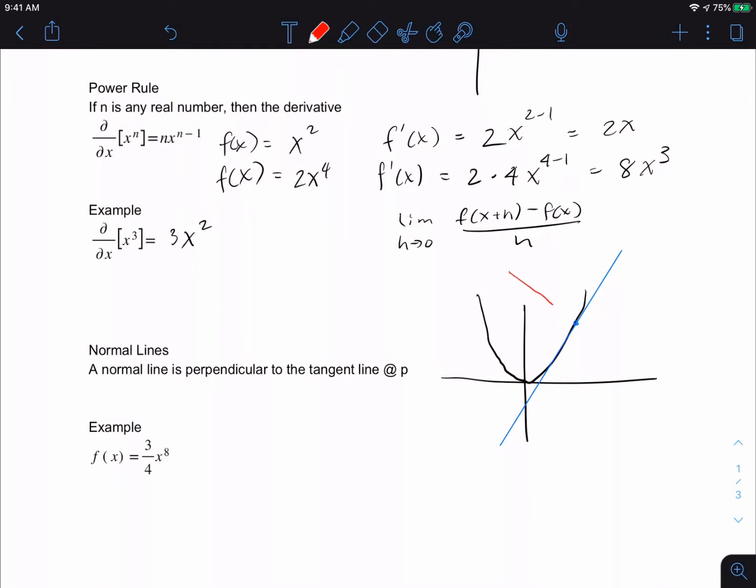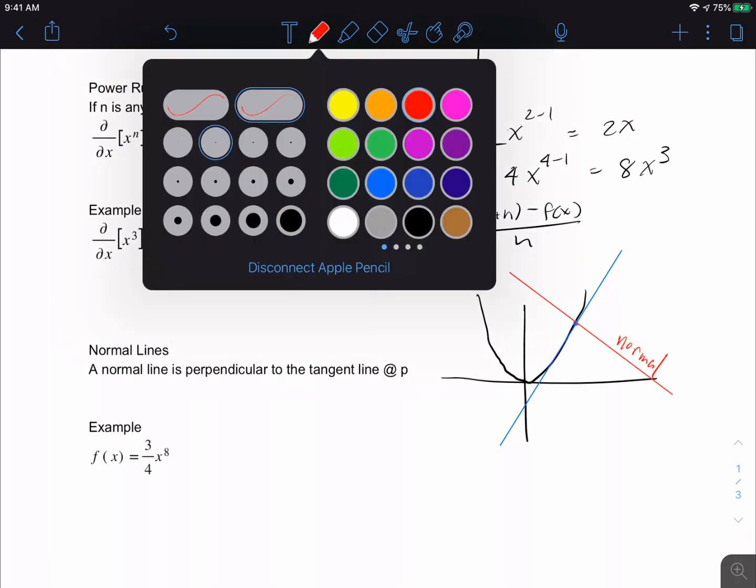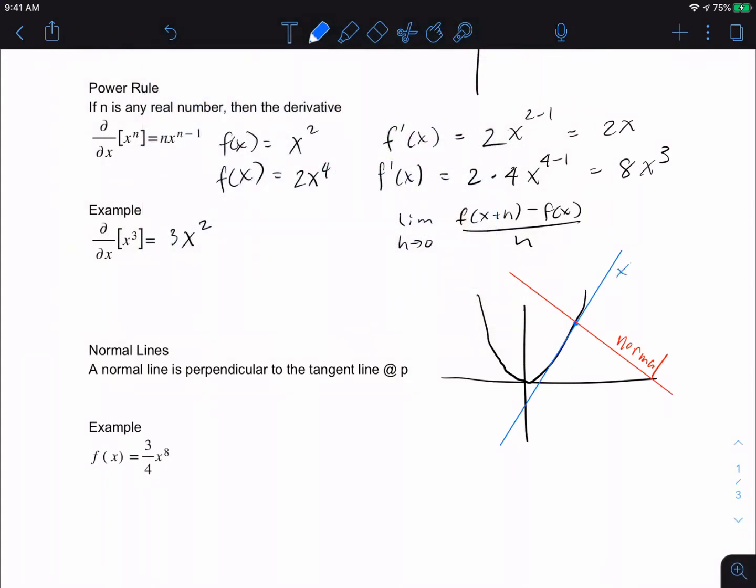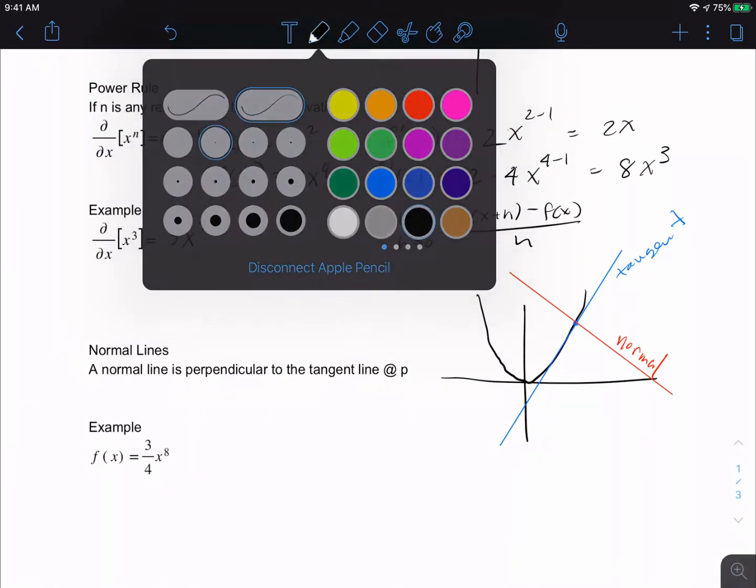My normal line is going to be perpendicular to the tangent. So this would be the normal, while this is the tangent. Always 90 degrees. Okay? Instead of perpendicular, we call it orthogonal in mathematics. That's just some fancy word.